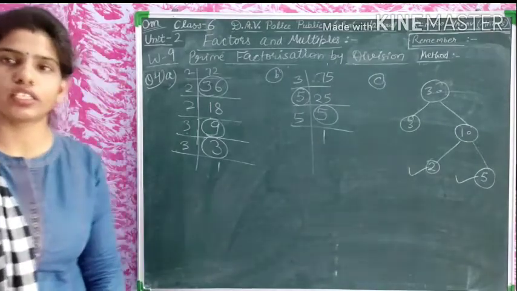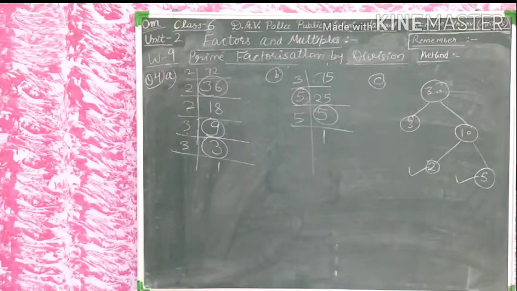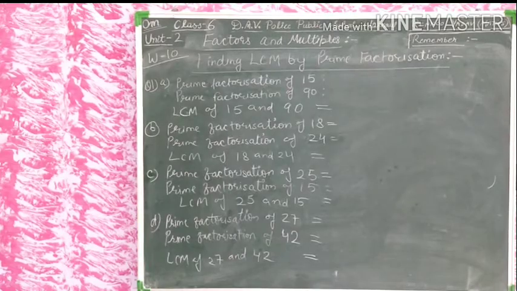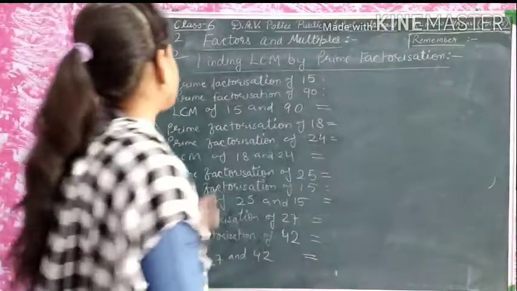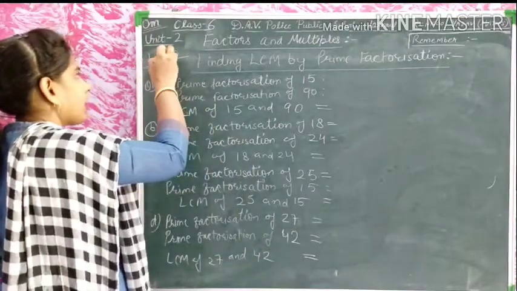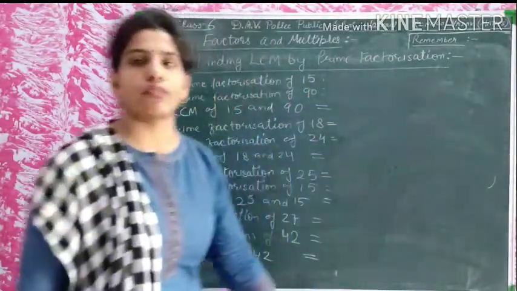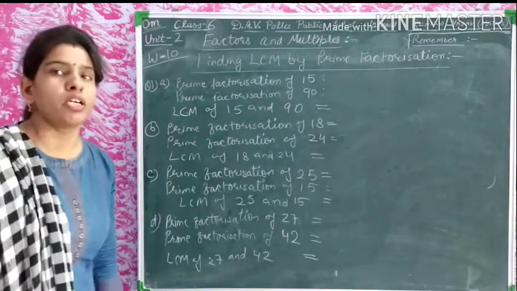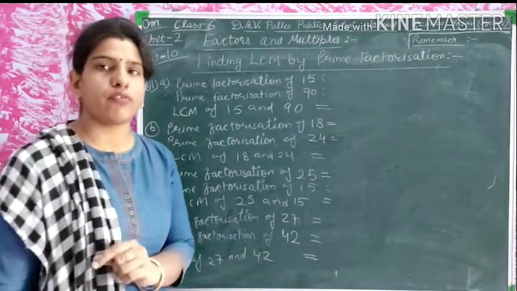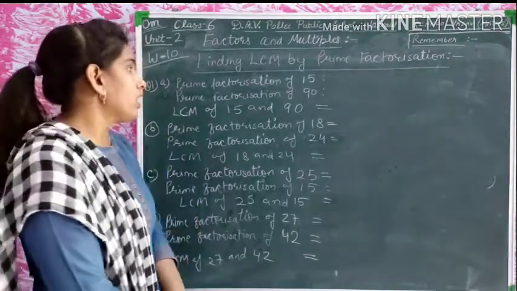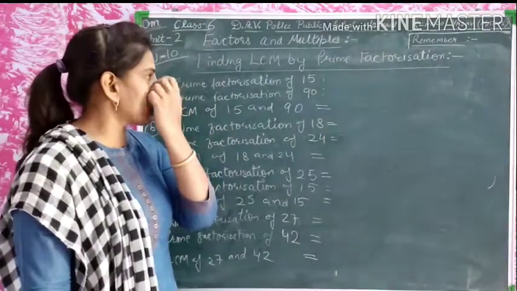Now we will do worksheet 10. Let's see. Now students, in this worksheet 10, we have to find the LCM by prime factorization. We have to find the LCM, but the method is prime factorization. Now there is the prime factorization of 15.